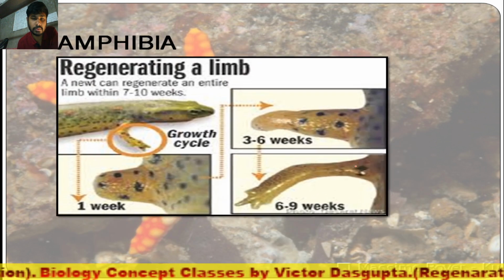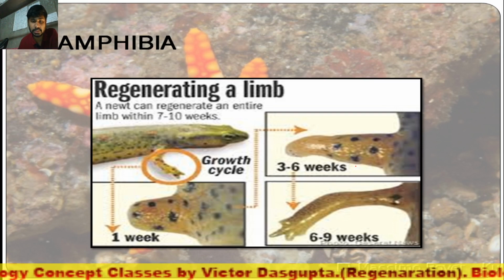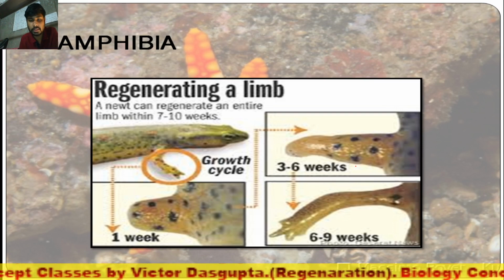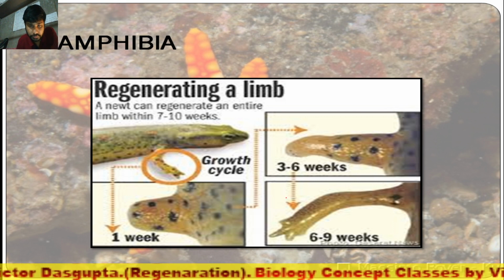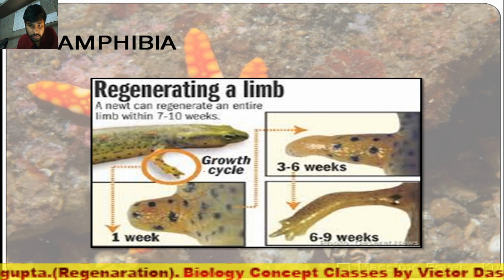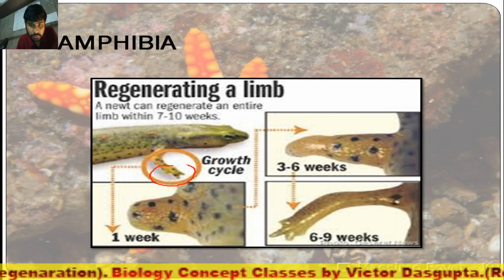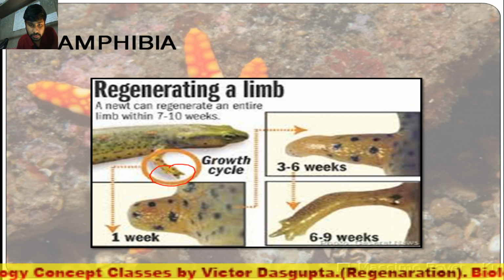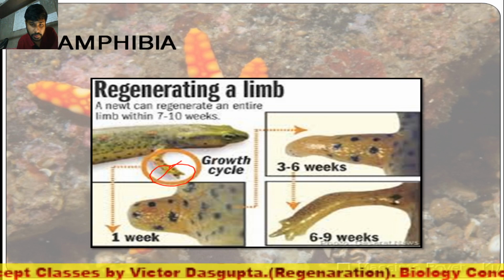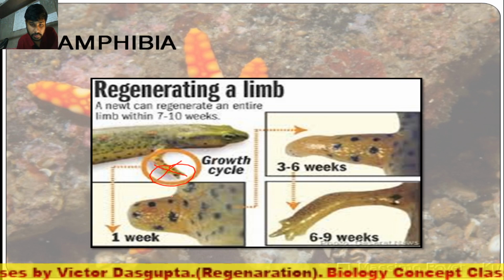In amphibia we will see first the regeneration in a newt, an amphibian which has limbs. Here you can see the growth cycle. If we cut this limb, it will grow in one week like this.